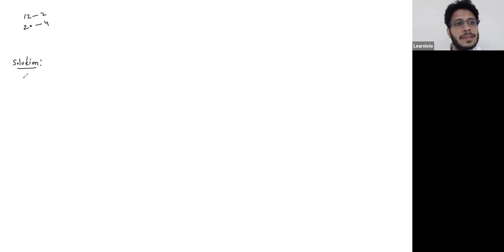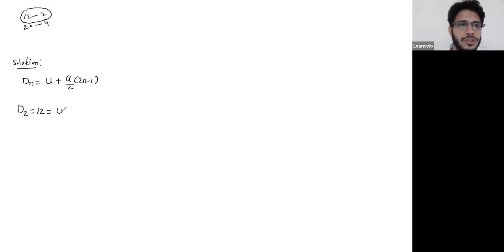See, the displacement covered in the nth second is u plus a by 2 into 2n minus 1. The data is given that displacement covered in the 2nd second is 12 meter. So d2 is 12, which is u plus a by 2 into 2 into 2 minus 1.